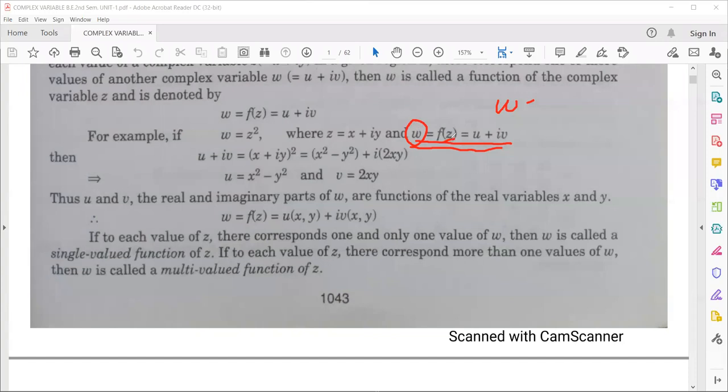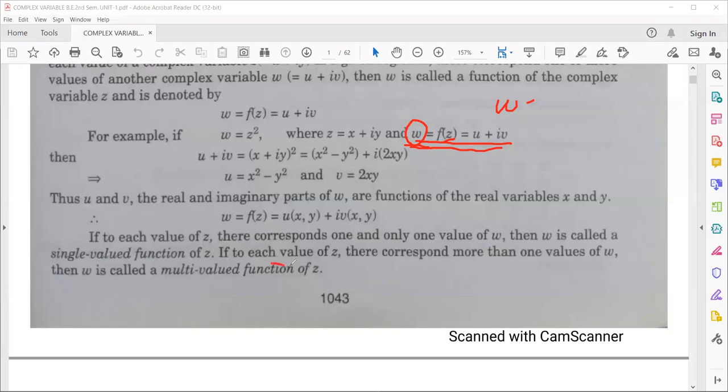But if for a value of z you get more than one value of w, that type of situation, where for one value of z you get more than one value of w, then this function is called a multi-valued function.